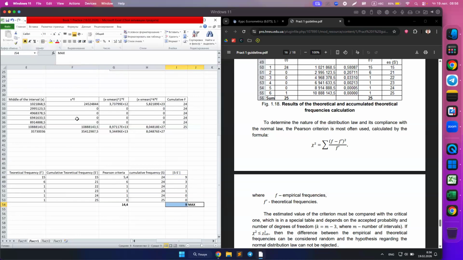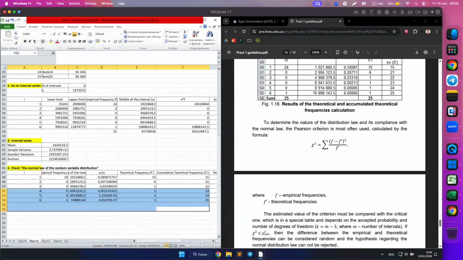So this additional table can help us to achieve information about the normal distribution law. For this, we create a little table with criterion, estimated value and table value.